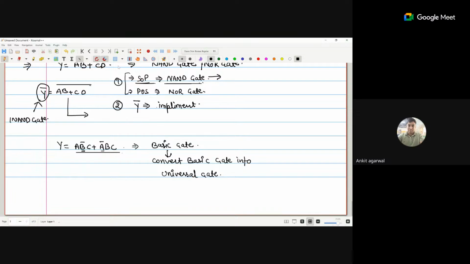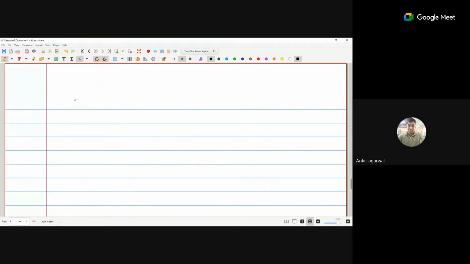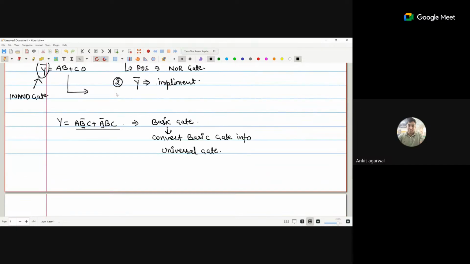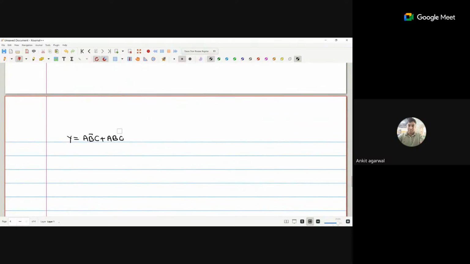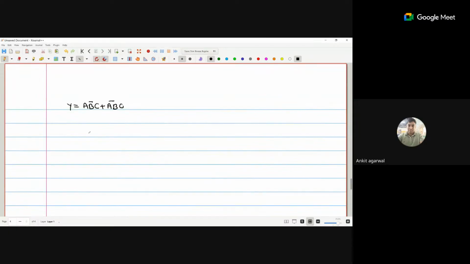Like Y is equal to AB bar C plus ABC, like this one, or A bar. So we require one A bar with this B and C, ending of these two.